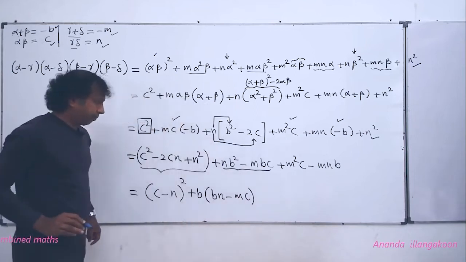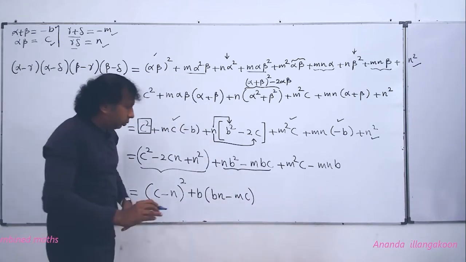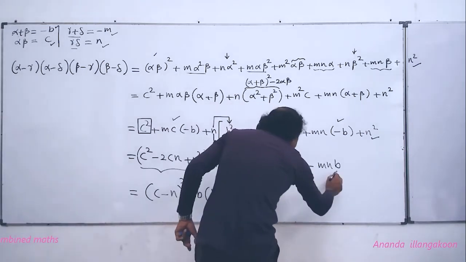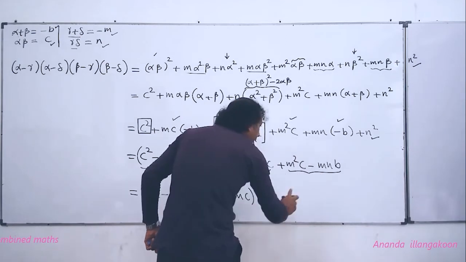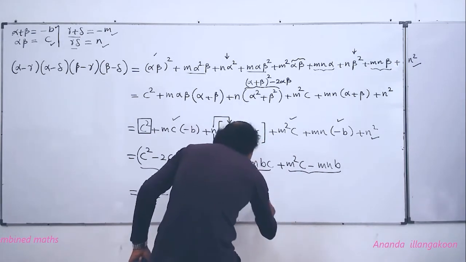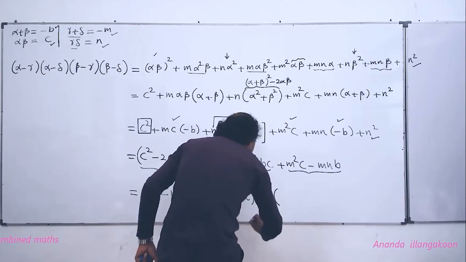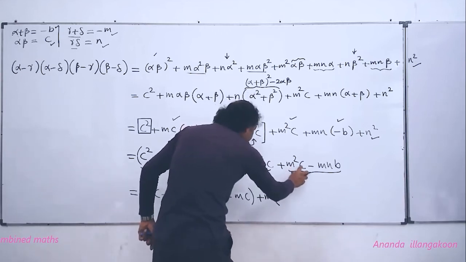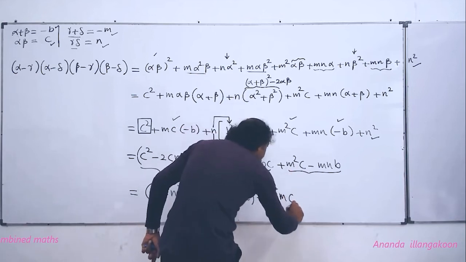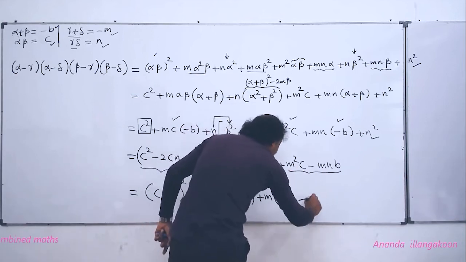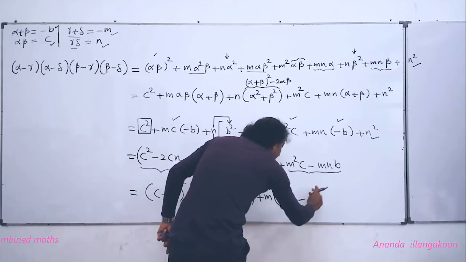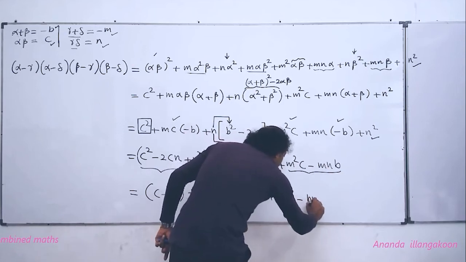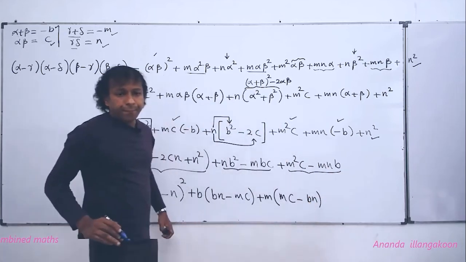For these two terms, what is common there? Here m, here m. m is common. Then what do you get there? Once you take m out, mc comes in here. Once you take this m out, nb we have there, that is nothing but bn.